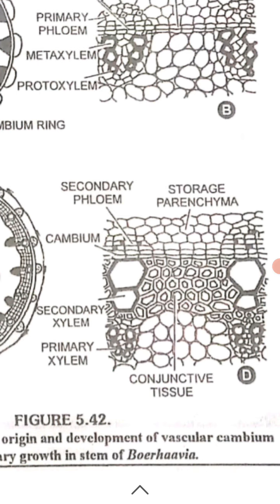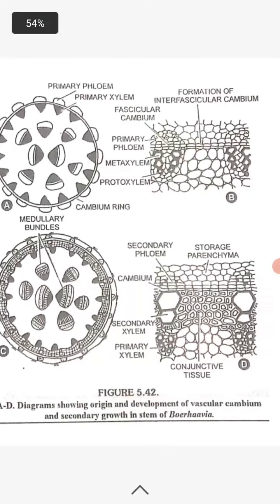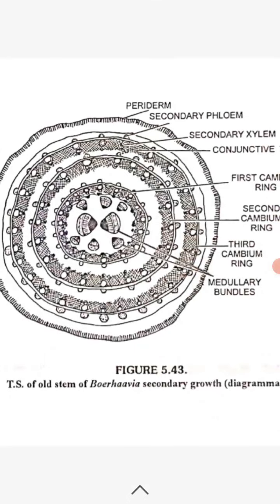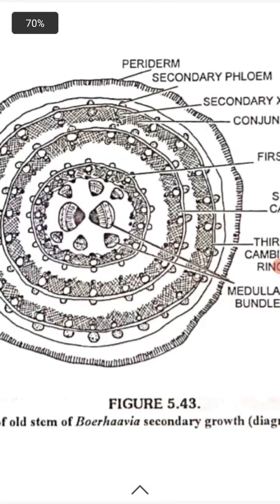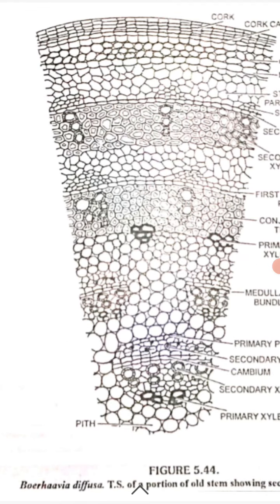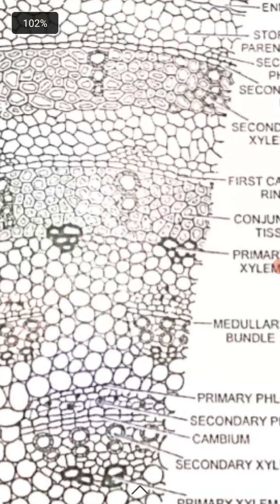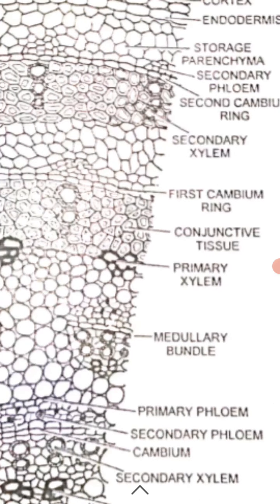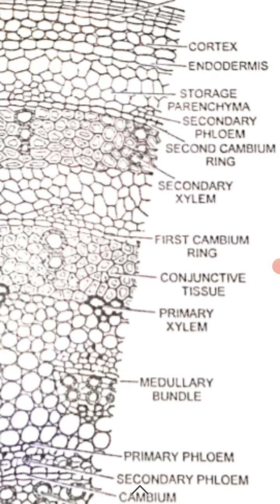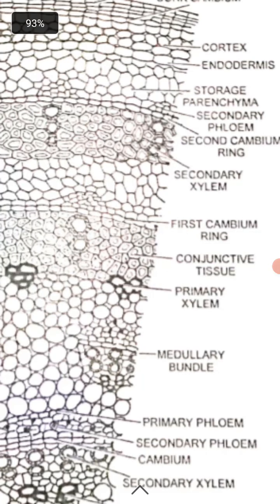Then new cambium strips develop from the parenchymatous cells produced by the first cambium ring toward the outer side of secondary xylem. That is the second cambium ring.